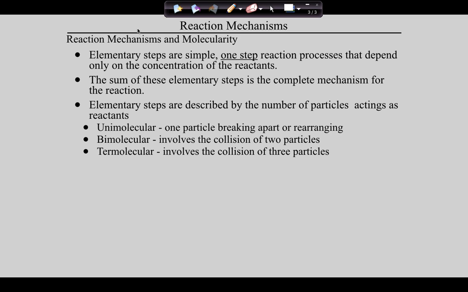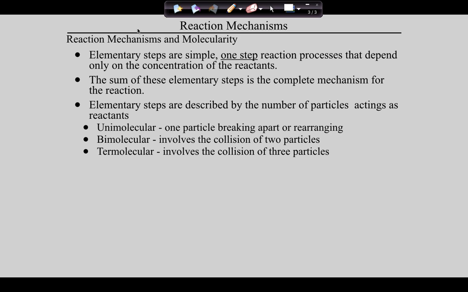Yeah, guys, here's the deal. When you become a rate dynamics chemist in college, and I have no idea why on earth you would want to do that, as you start to propose mechanisms for reactions, there's a rule in rate dynamics that says steer away from termolecular steps.